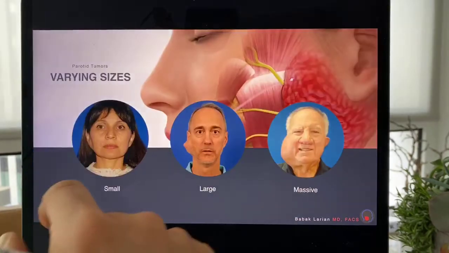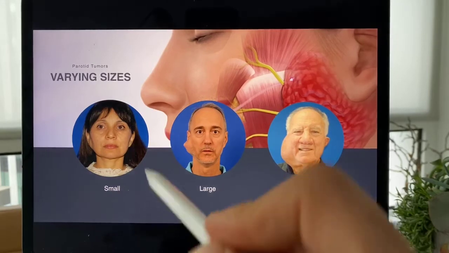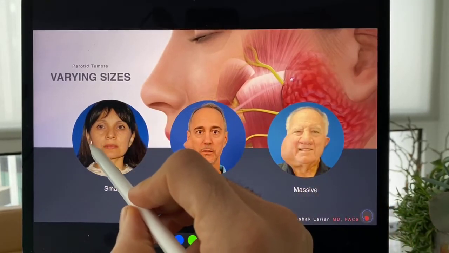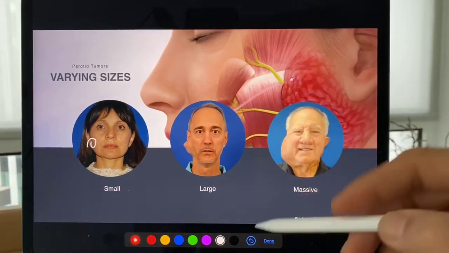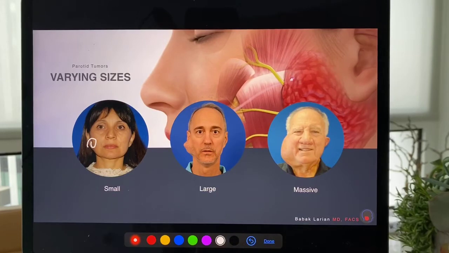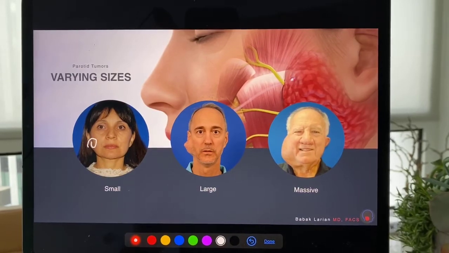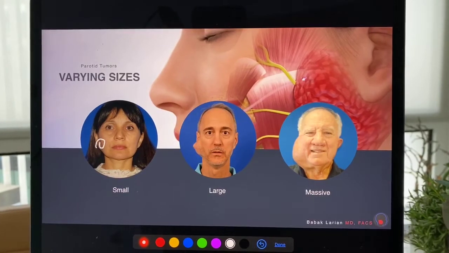Well, I just have to say, tumors can be of varying sizes. They can be very small, like this one here, or larger and massive, right? And all that is meaningful when you have a mucoepidermoid carcinoma, because the size of the tumor matters in terms of how much of a margin you need to get.